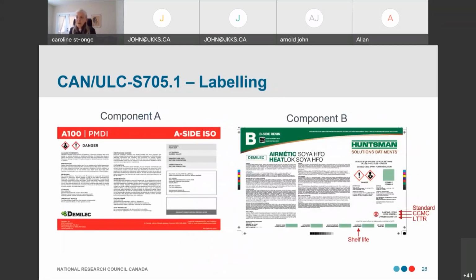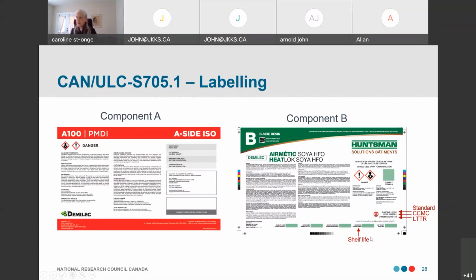With respect to labeling, there is information that is required for the label for component A and specific requirements for component B. On the right side, I just want to highlight that the standard has been properly identified. Here there's an SCC number specified, the LTTR has been specified, there's no confusion between LTTR and R value here.